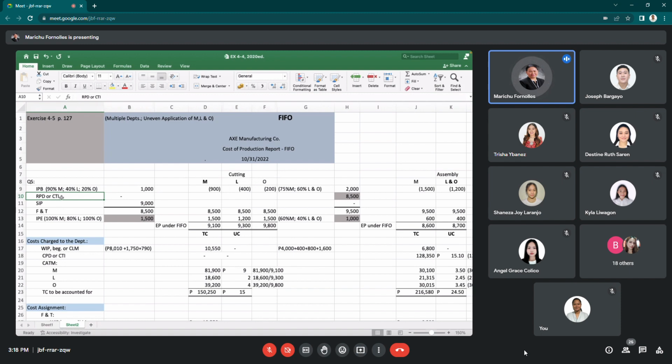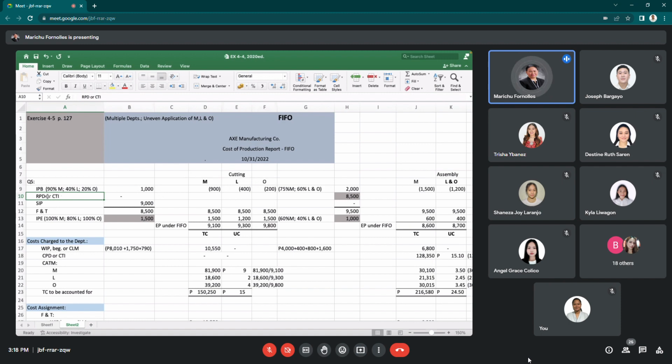Another possible source kung asa gikan ang units nga trabahoon this month by the department is the RPD received from previous department or the cost transferred in.